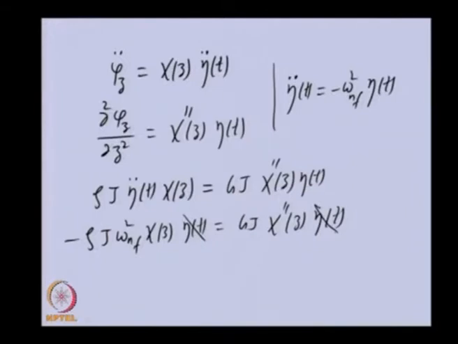So we will be left with a differential equation which is now only a function of z. That means this is now an ordinary differential equation. You are able to convert the partial differential equation to an ordinary differential equation. So this will have the form of this.